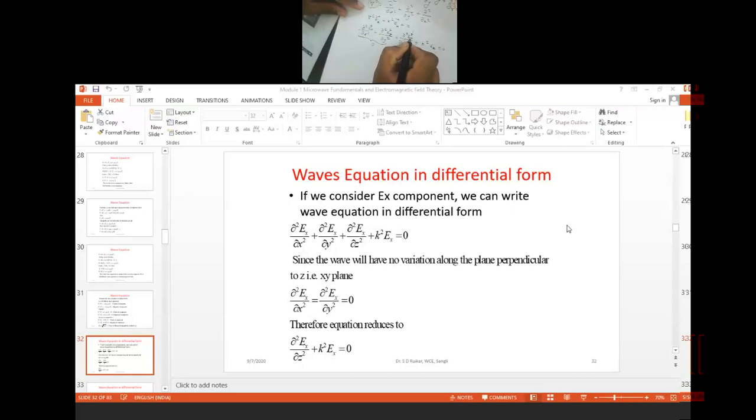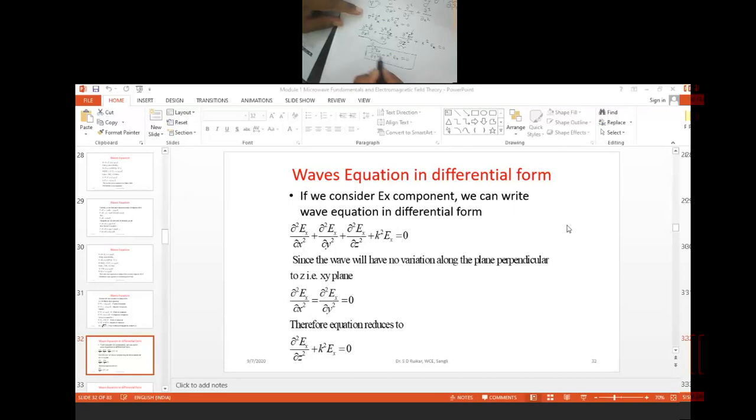So the electric field varies along the Z direction, and only this term will be there. Our equation becomes dou square Ex by dou z square plus k square Ex equal to 0. Whenever we write the wave equation, we need to say how the wave is propagating.